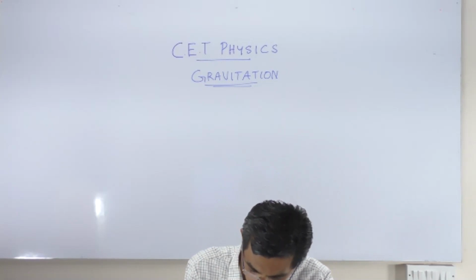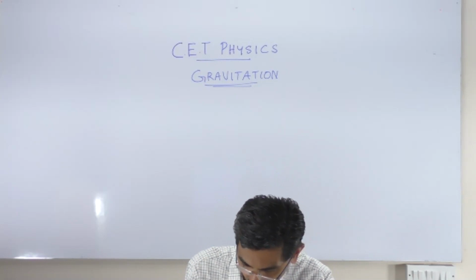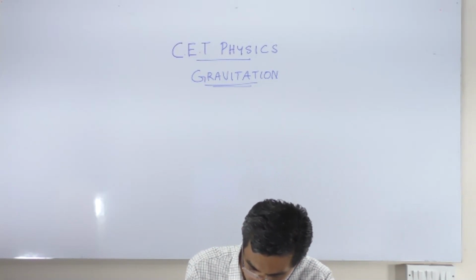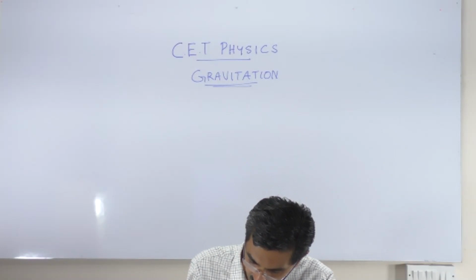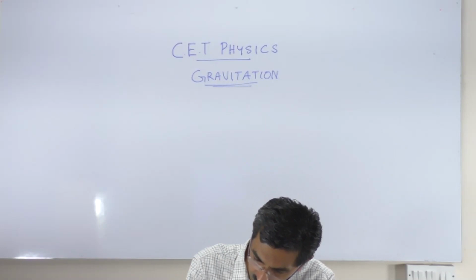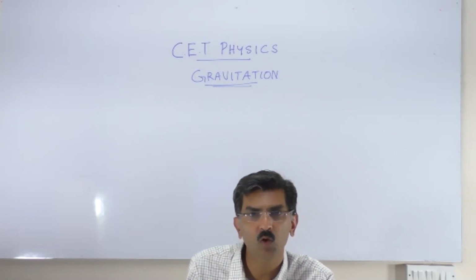Now if you square both sides, multiply both sides by m, right? So this is equal to this. So in our expression here, we can replace this term by mv square, where v is the orbital velocity.